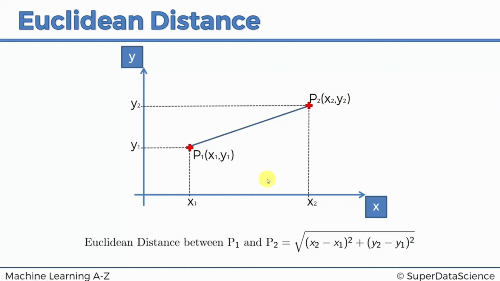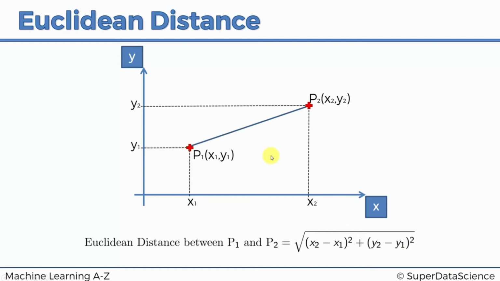Basically, if you have two points over here, P1 and P2, then the distance between the two points is measured according to this formula: x2 minus x1, the difference between the x coordinates, squared, plus the difference between the y coordinates squared, and then you take a square root of all of that.